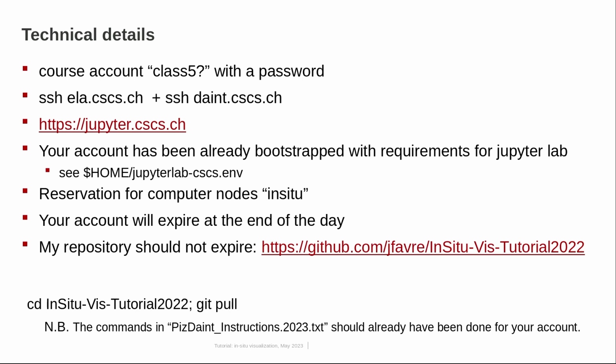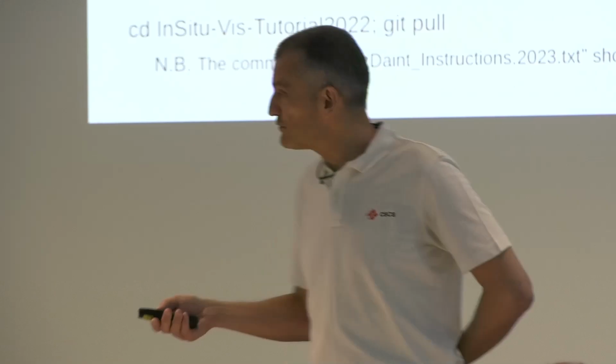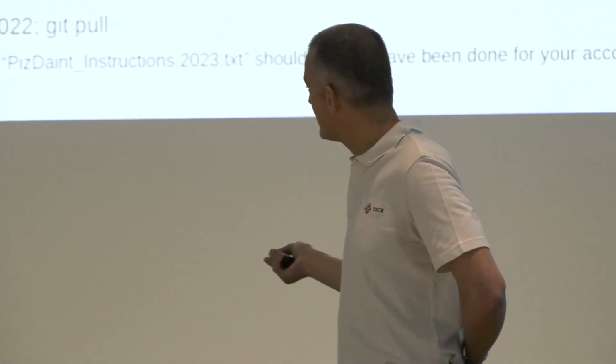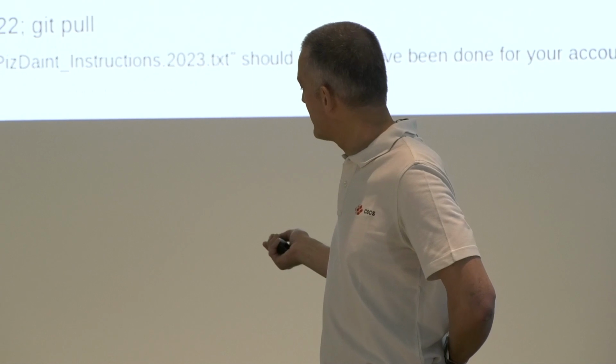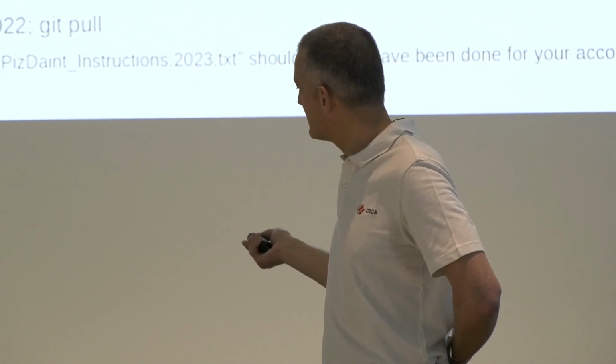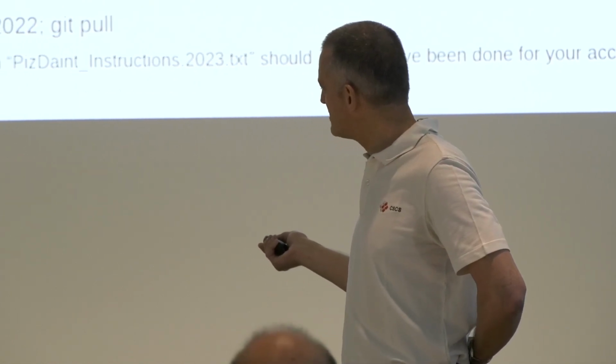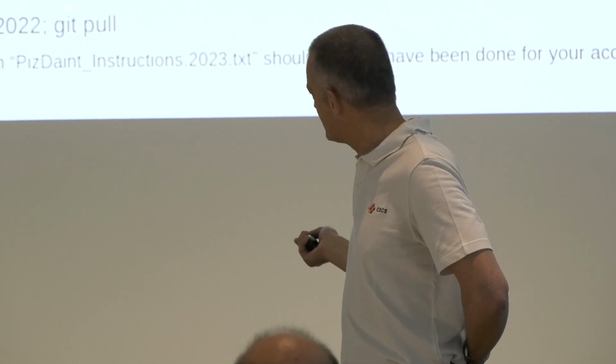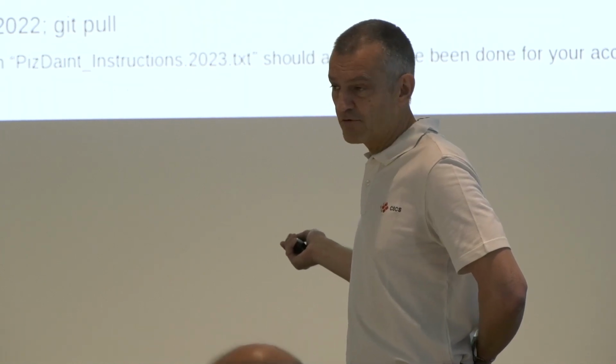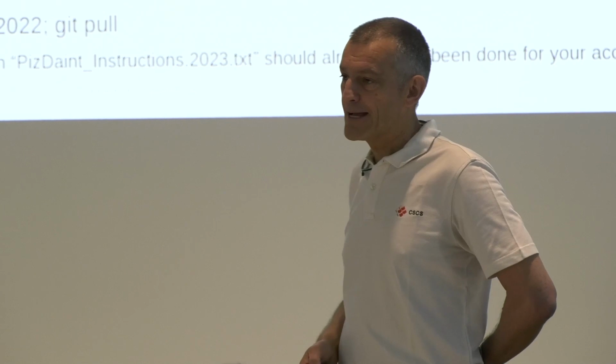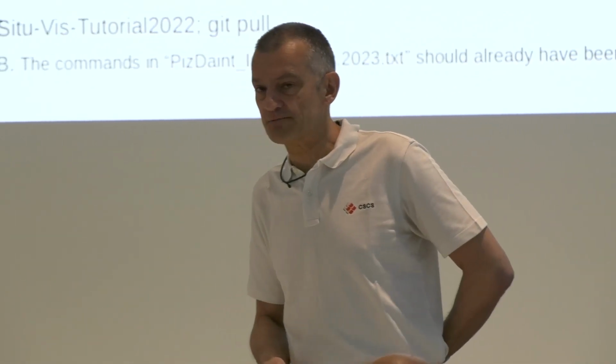I have already cloned that repo onto your account. So if you've logged in, you should see this In-situ Viz tutorial directory. All you need to do is change directory to it and do a pull for the latest updates.